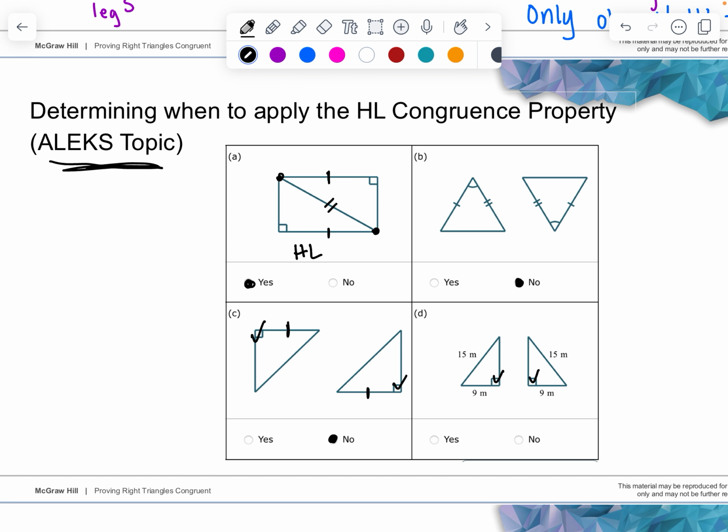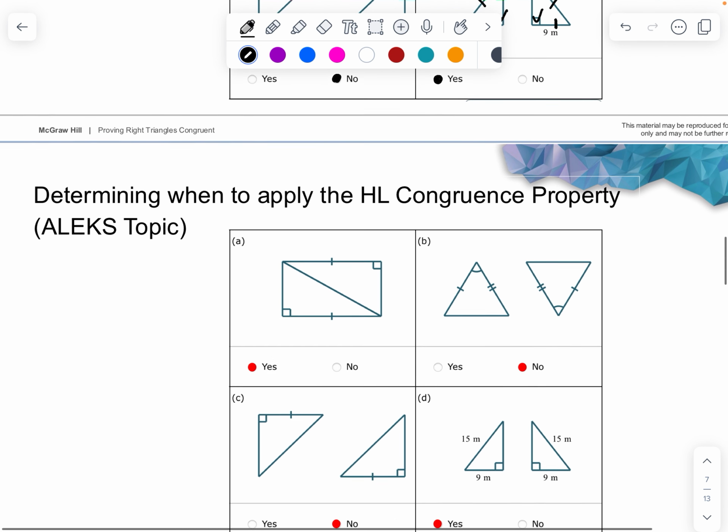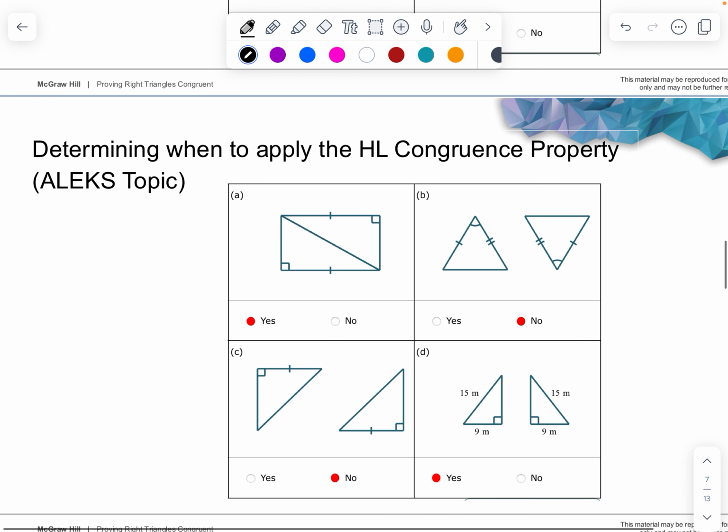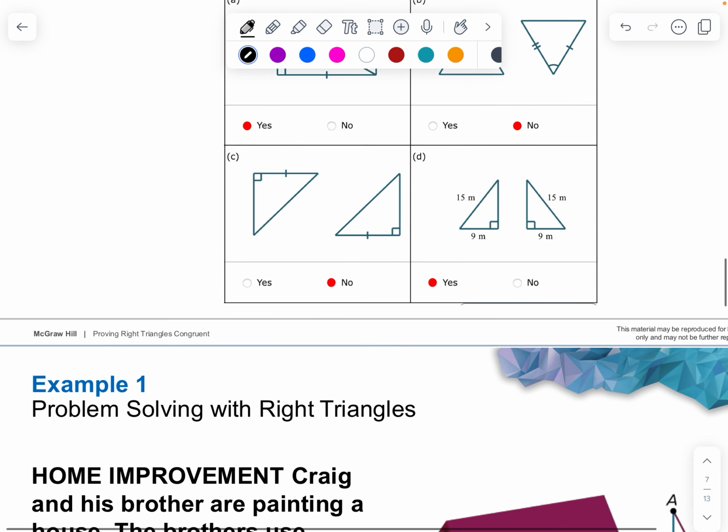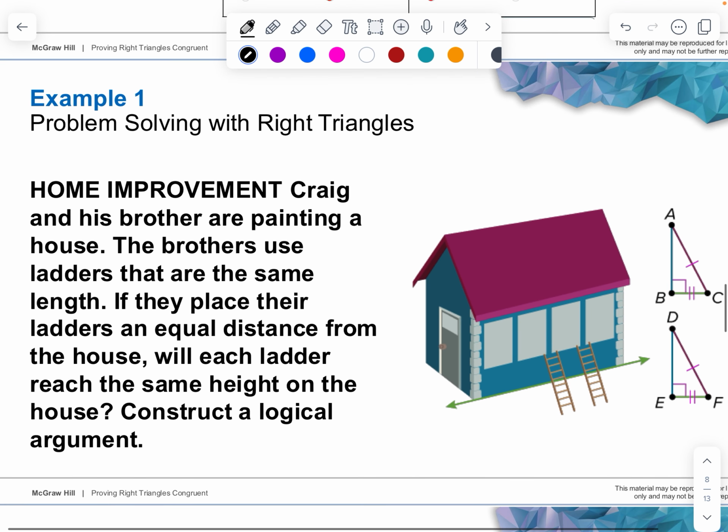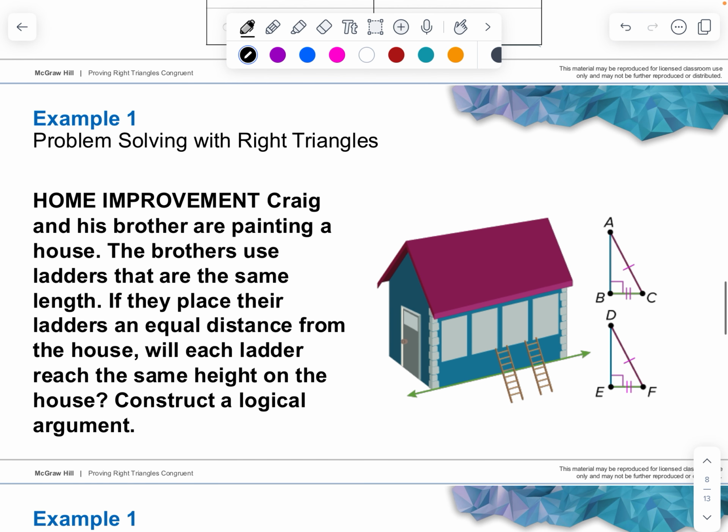Good, check. They've got a matching leg and a matching hypotenuse. So they've got a hypotenuse leg on a right triangle. Yep, that is an HL. Good. So there we go. We should have yes, no, no, yes. Good deal.